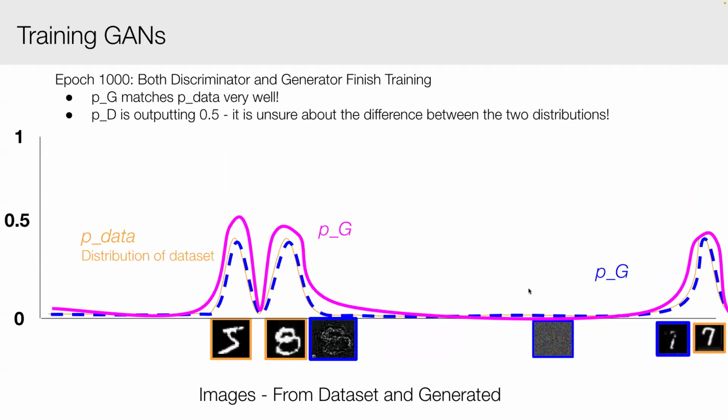Places where P of G has never been before, like this left-hand side, it has no idea about. But if we were to only sample from P of data and P of G, it would always give you 0.5. So anywhere you would sample from on P of G, it would give you a probability of 0.5.